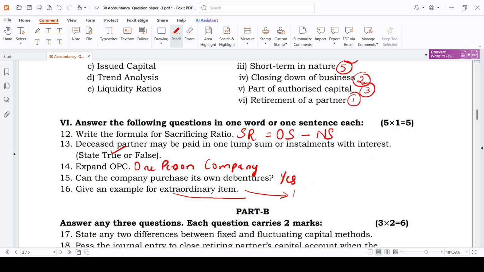So you can write it as loss due to theft, loss due to earthquake.